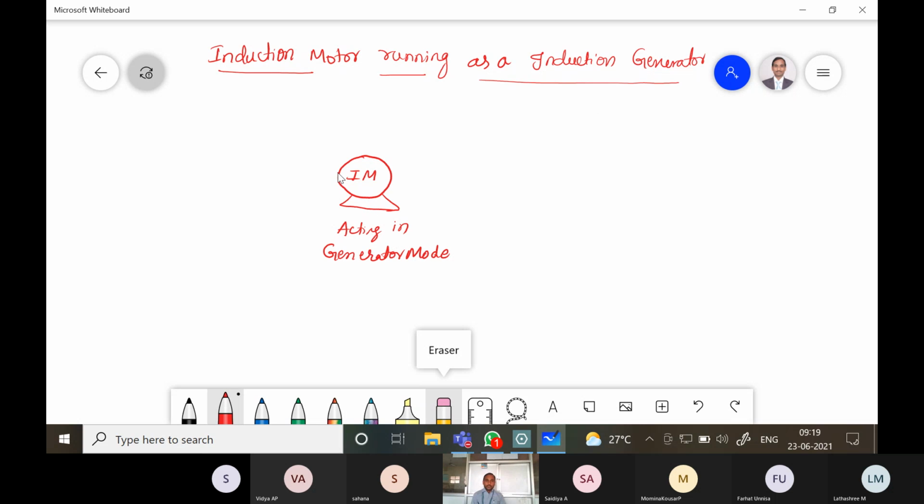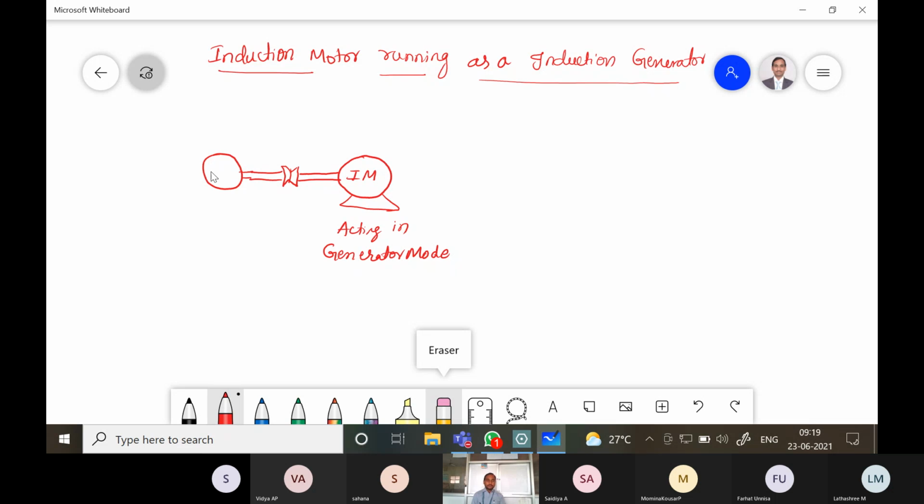Initially we need to connect some prime mover that is coupled to the induction motor for running as a generator. It may be a wind turbine. So that is the prime mover.